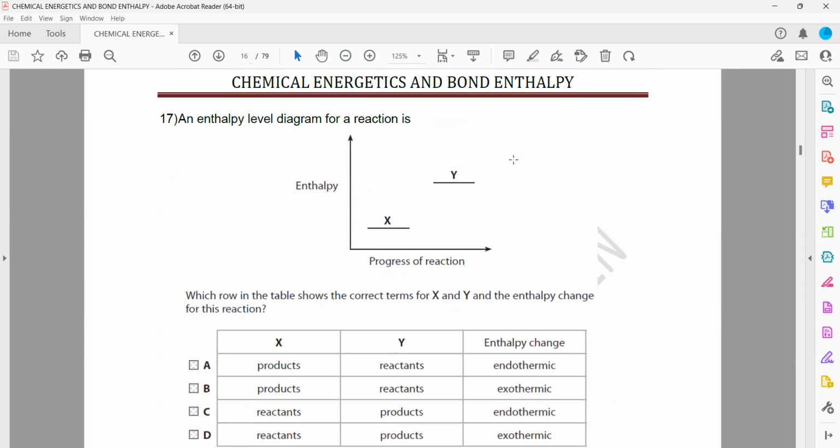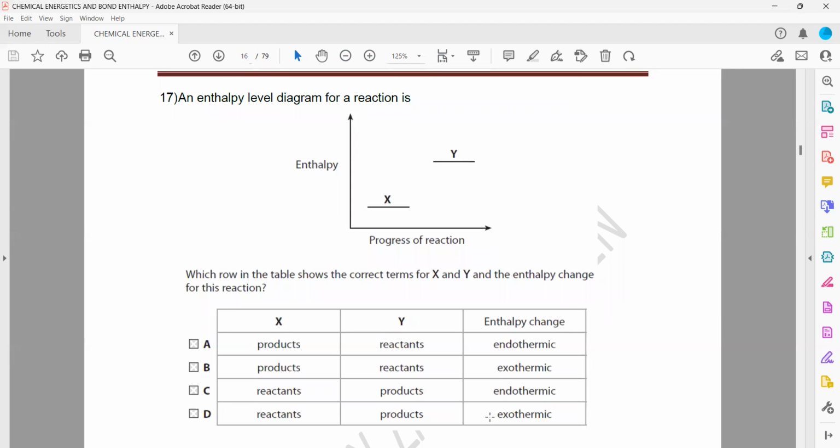The enthalpy or energy diagram is there for the reaction. As you can see, the reactants have low energy and the product has high energy, because the reactant forms a product.